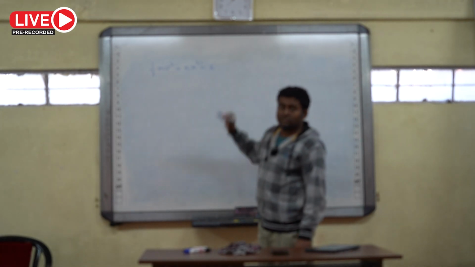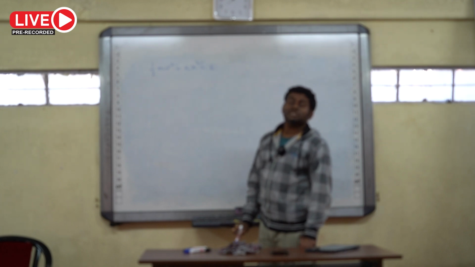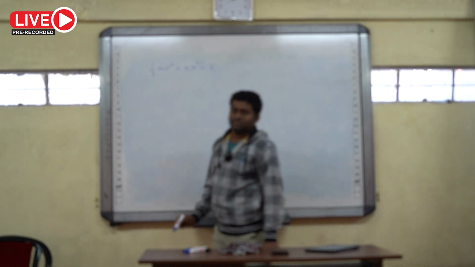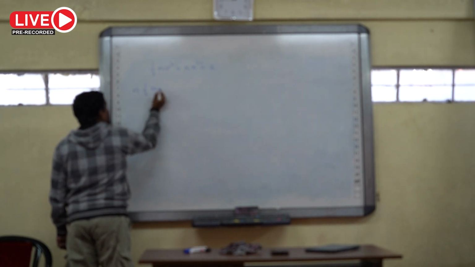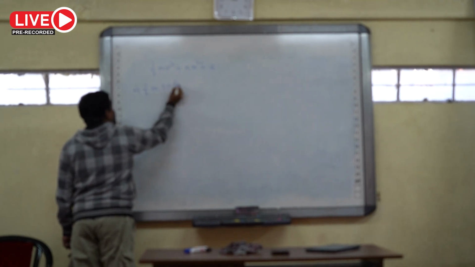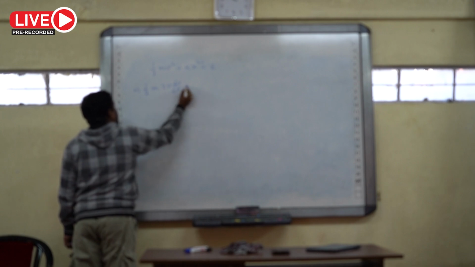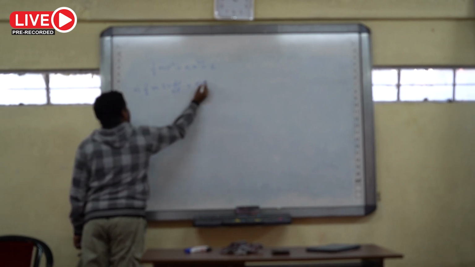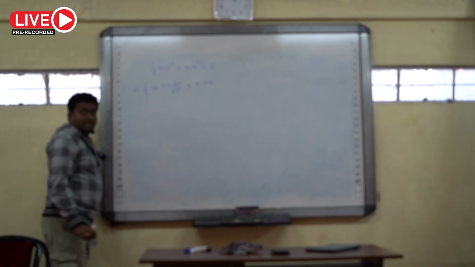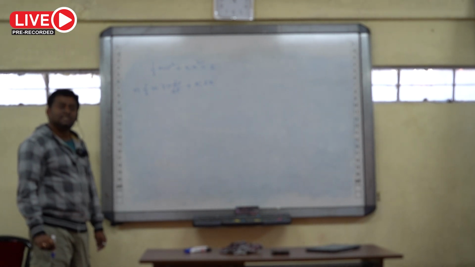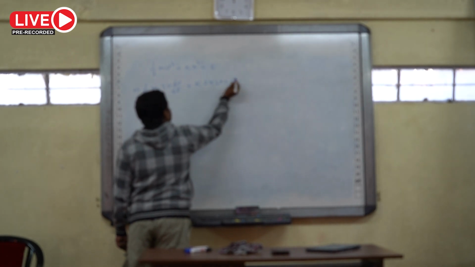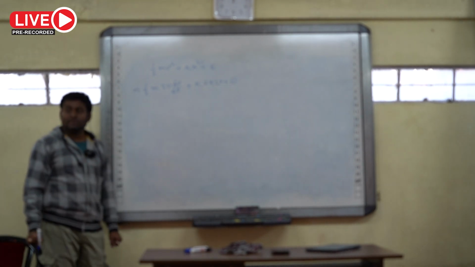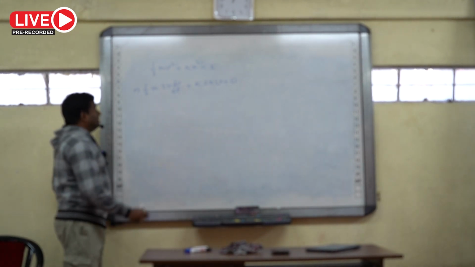So differentiate both sides with respect to time. Then we get half m 2v dv/dt plus k into 2x dx/dt. But what is dx/dt? V. And its derivative will be 0 because total mechanical energy is constant.